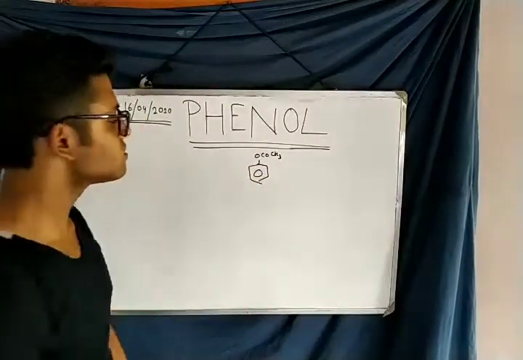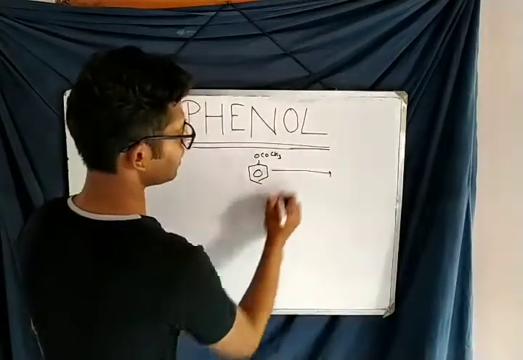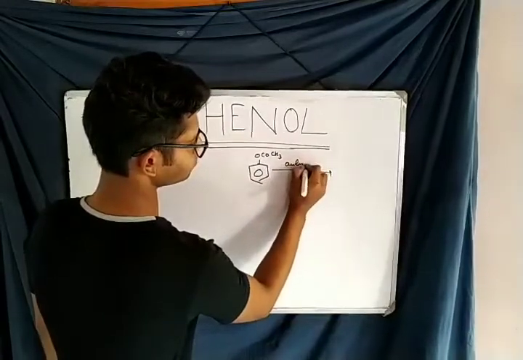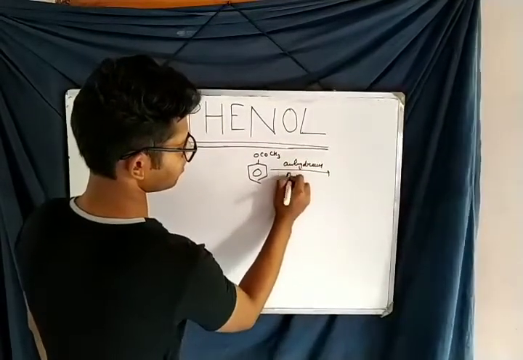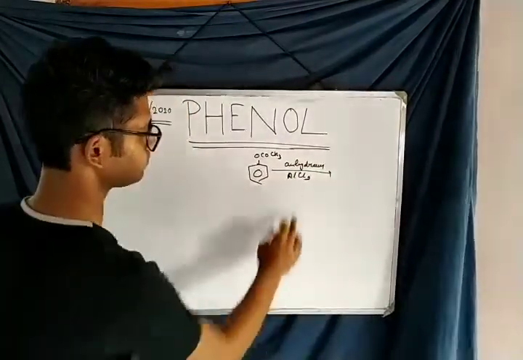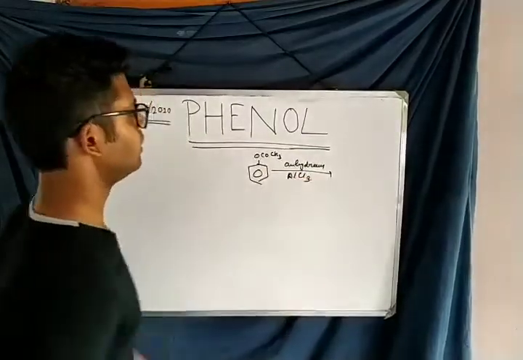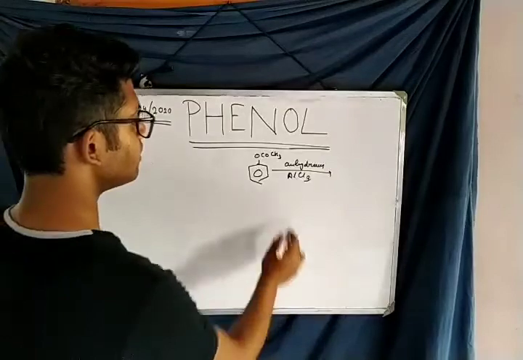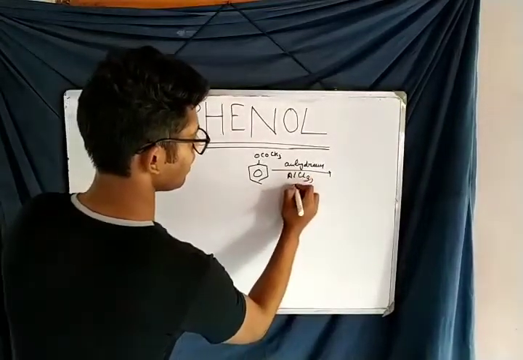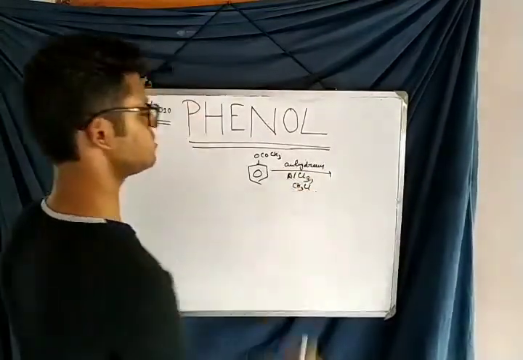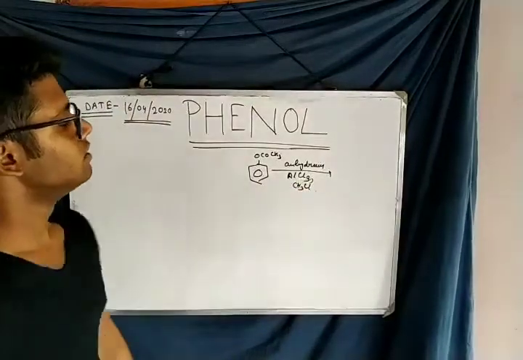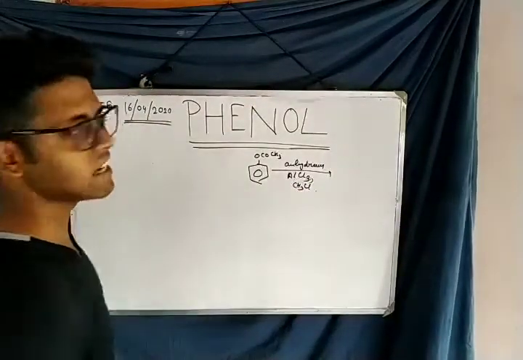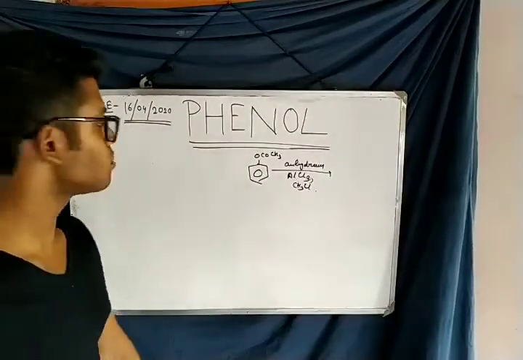When OCOCH3 is treated by anhydrous AlCl3, here two compounds will be obtained. One compound is that, and CH3Cl. These two reagents are generally used in the Friedel-Crafts alkylation process.